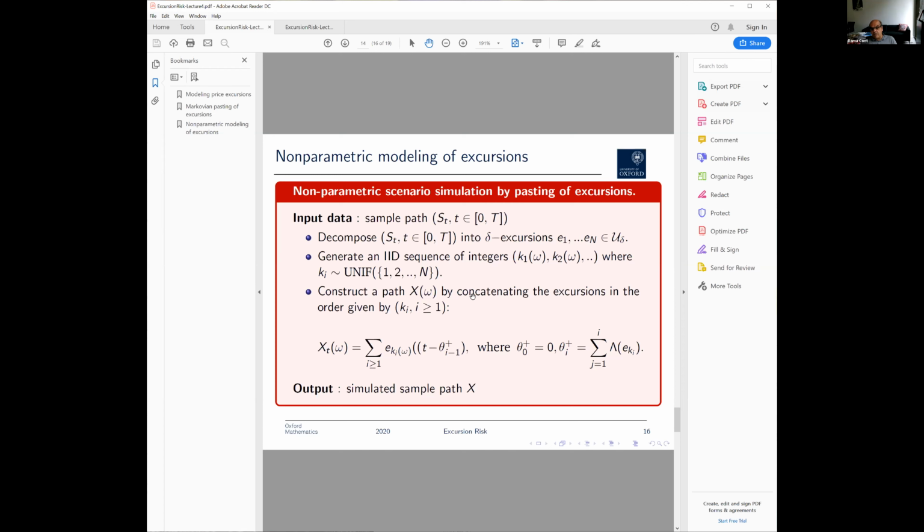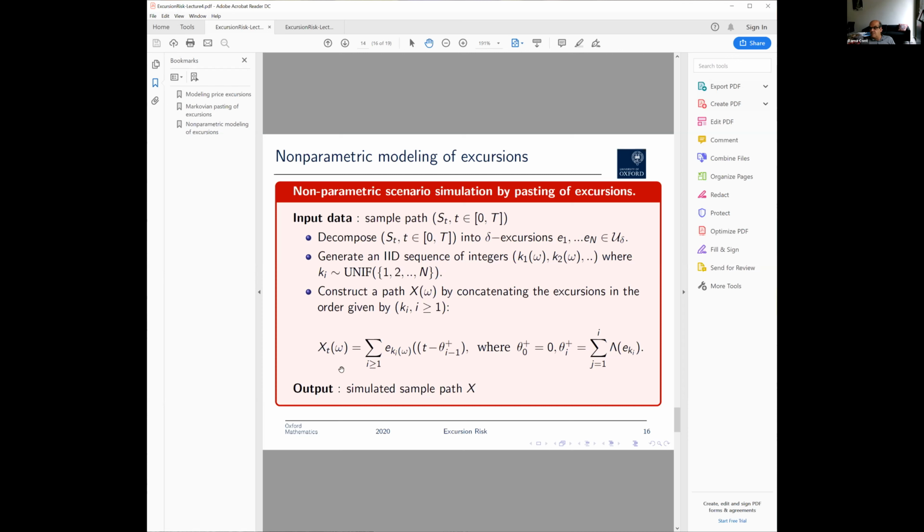Now, I think there are many interesting open questions which we are actually studying right now with my co-authors. One is, if you do this, what do you get? What kind of process is this? We said that if S is Markov, then X is the same as S. But if S is not Markov, for example, if S is a fractional Ornstein-Uhlenbeck, a very complicated process, it's still ergodic, so you can do this.